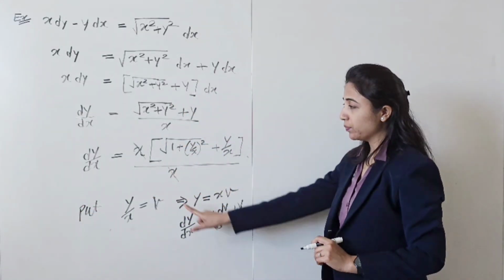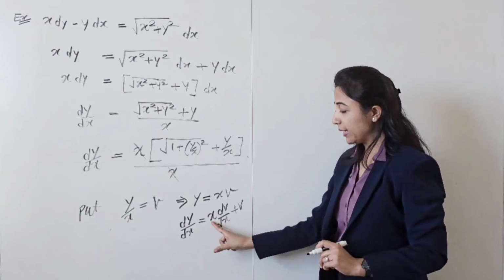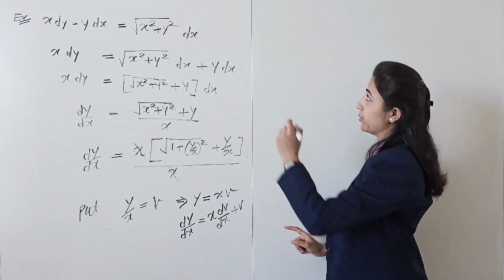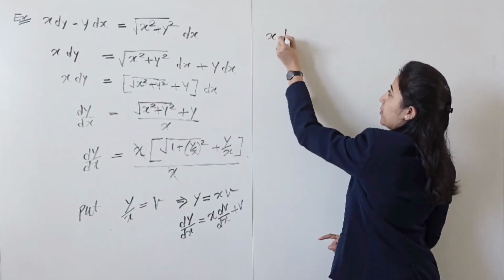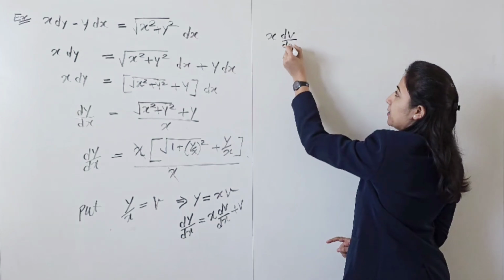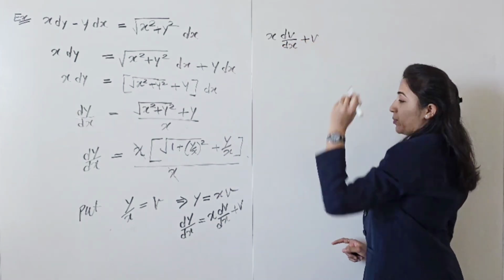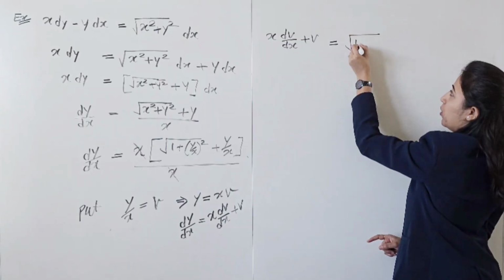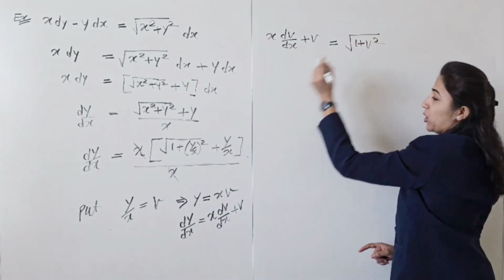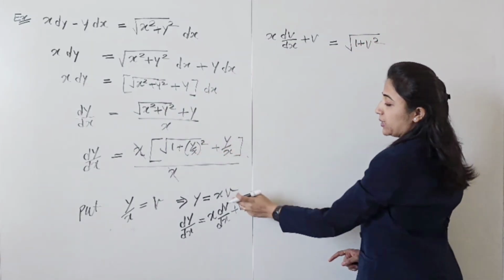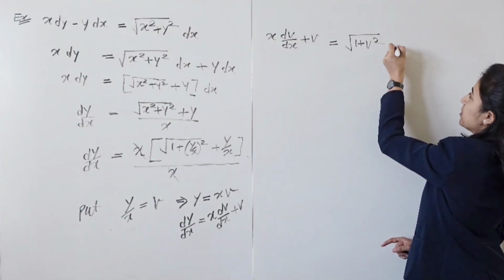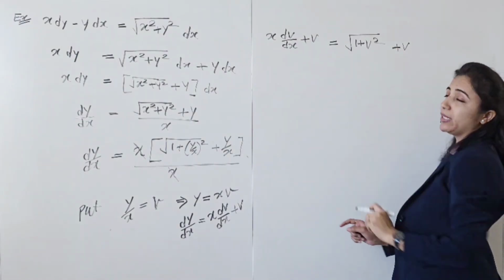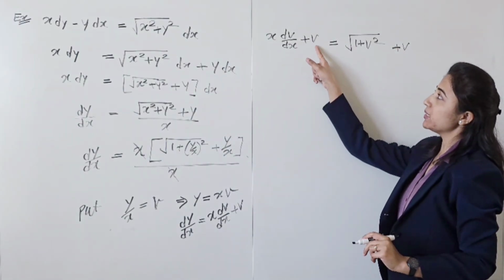The left side becomes dy by dx, which is nothing but x dv by dx plus v. So x dv by dx plus v, and the right side term is root of 1 plus v square plus v, because here y by x is nothing but our v. So the right side is a complete term of v, and here also there is a plus v.